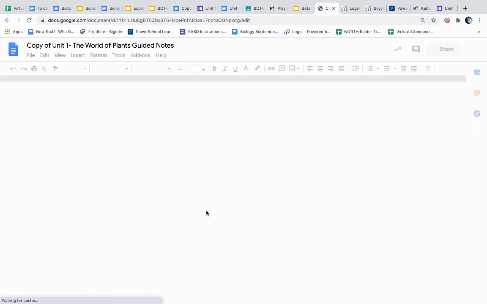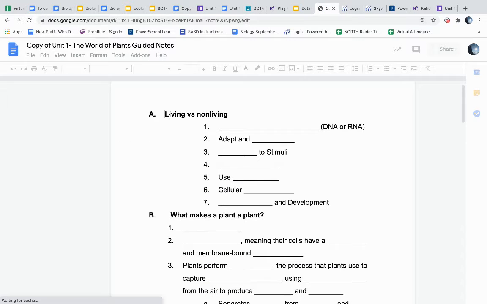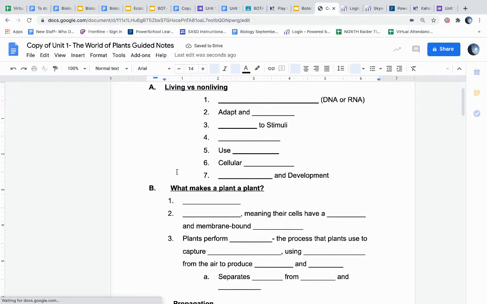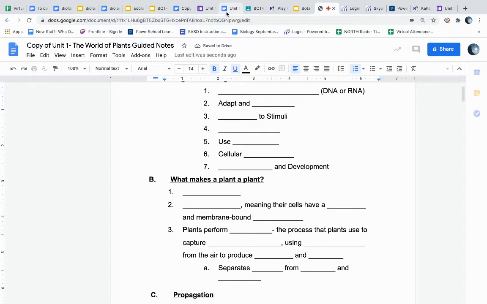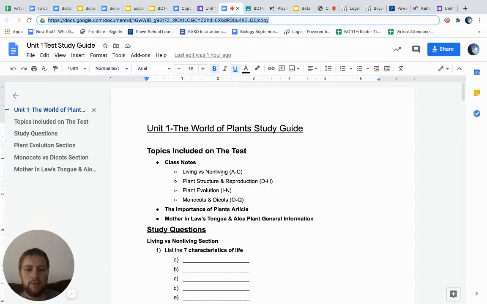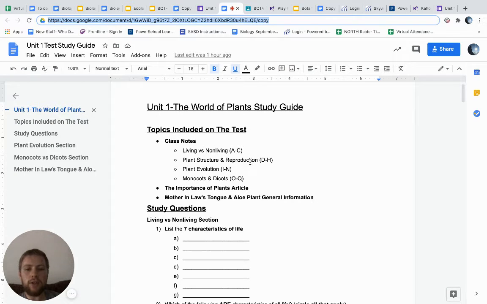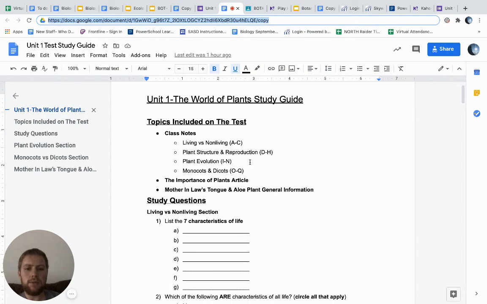You'll see that living versus non-living is A, what makes a plant is B, and so forth. Living versus non-living covers bullet points A through C on that guide, then plant structure and reproduction. It's all labeled with a title on those notes though.